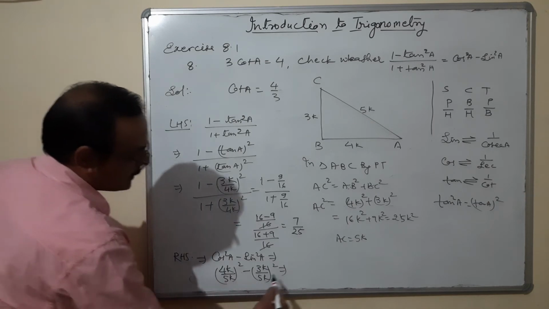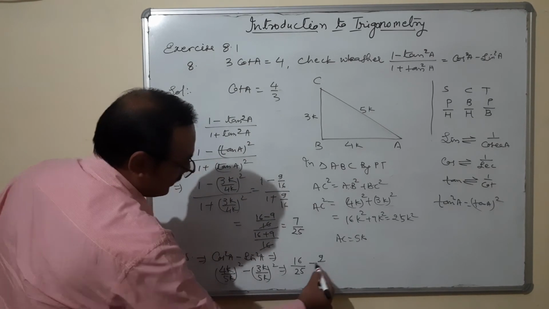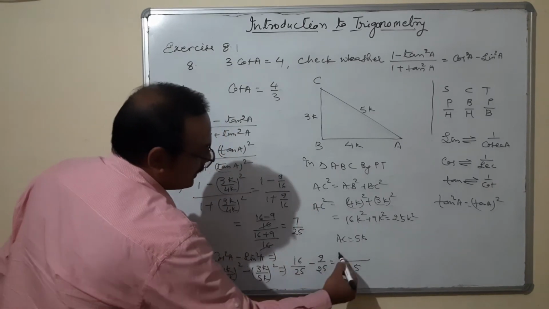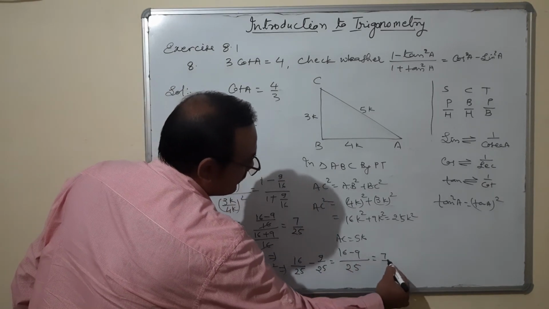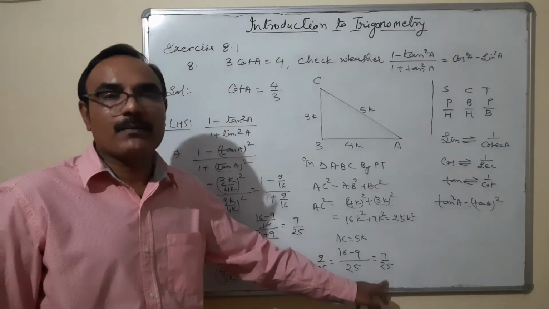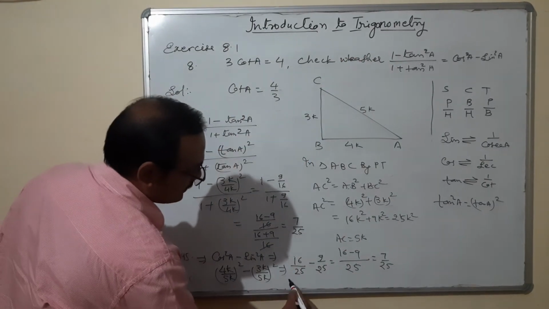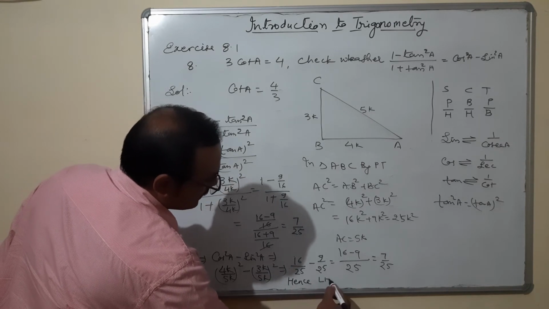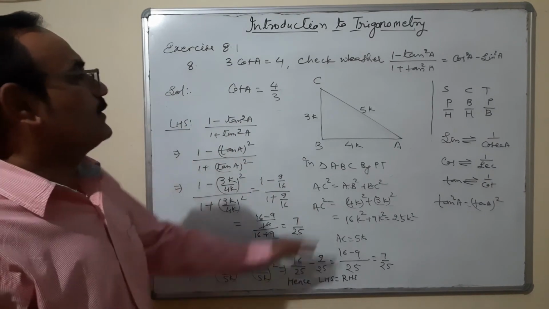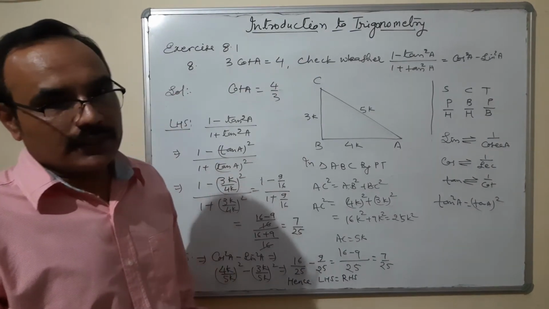K cancel. 16 upon 25 minus 9 upon 25. Taking LCM 25, 16 minus 9, that means it is 7 upon 25. You can see that 7 upon 25 is equal to 7 upon 25. So it is verified, left hand side is equal to right hand side. Hence, 1 minus tan square A upon 1 plus tan square A is equal to cos square A minus sin square A.